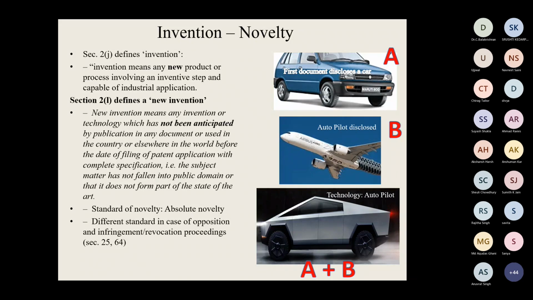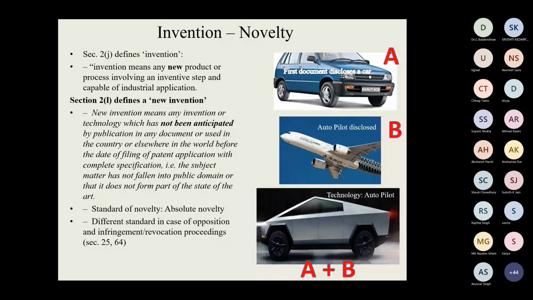The technology is not new, and it is not qualifying the criterion of novelty. The standard of novelty is absolute novelty. So we cannot argue that partly it has been disclosed and partly undisclosed, but it should be absolutely novel.